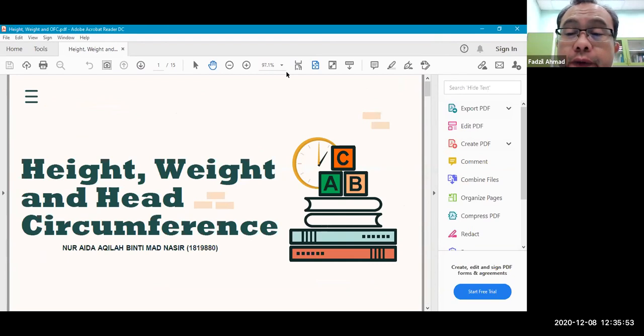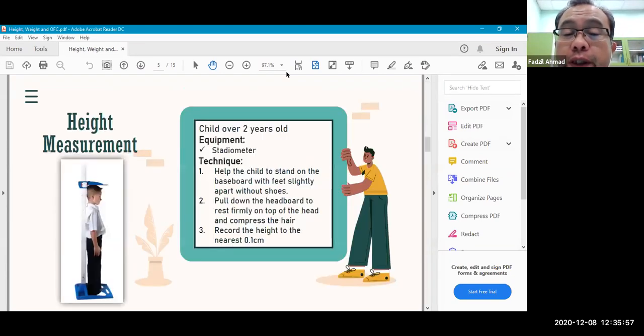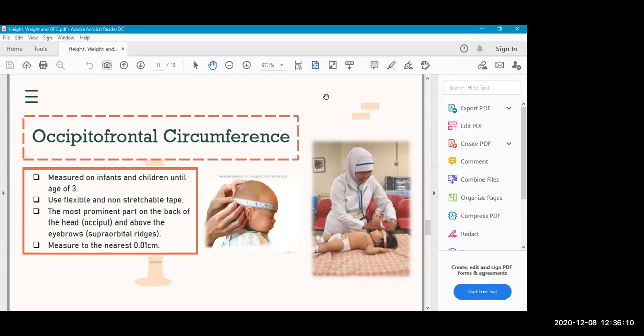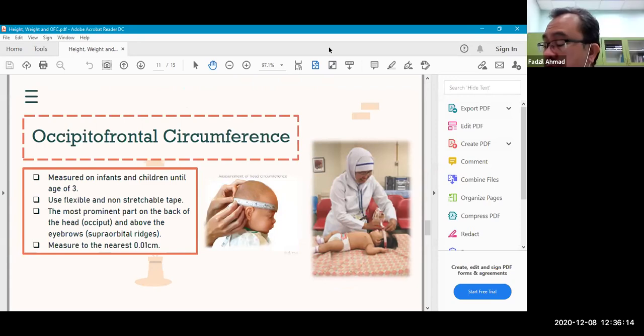The proper head circumference you must know is just above the occipitofrontal. The frontal is just above the eyebrow. Remember that. And the occipital, there's something that you always forget. Very important. It will come out in your exam, one of those techniques.